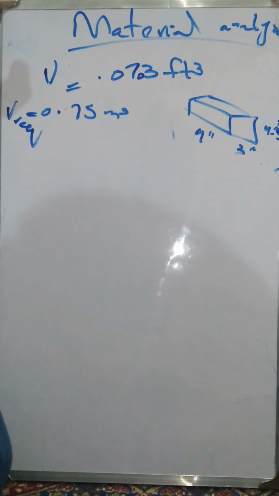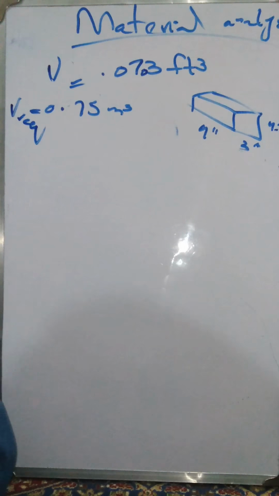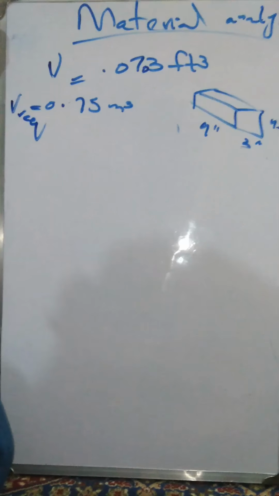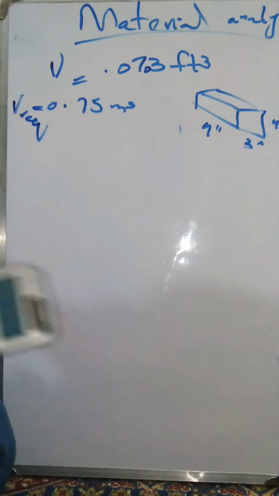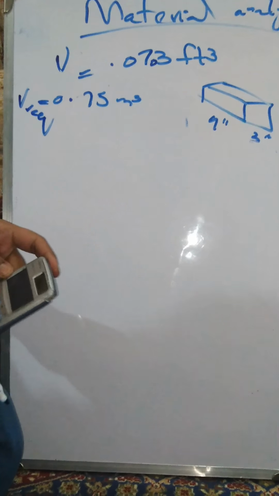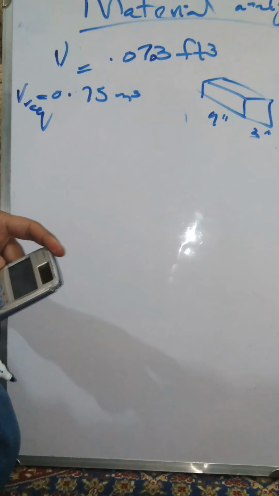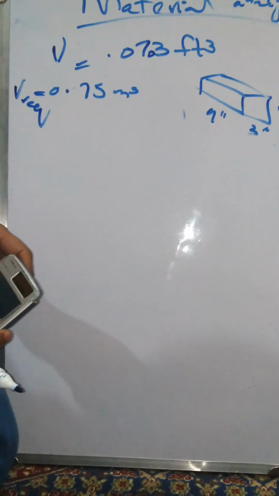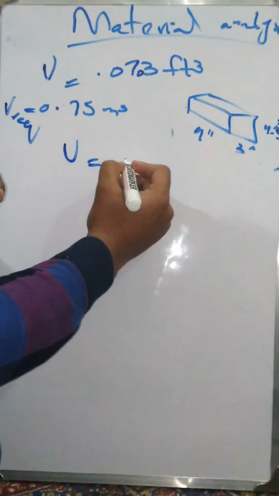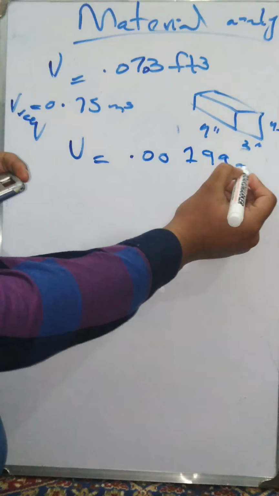Now we are going to convert this feet cube into meter cube, because we require the volume in meter cube. So let's start our calculations: 0.0703 divided by 35.321, so that we convert it into meter cube. So the volume of one brick in meter cube would be 0.00199 meter cube.